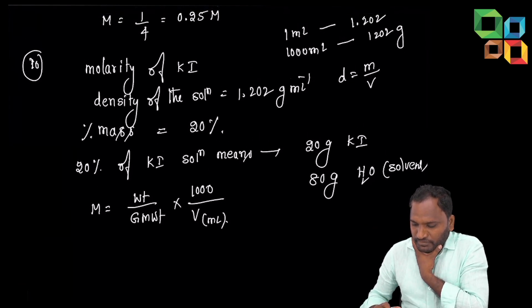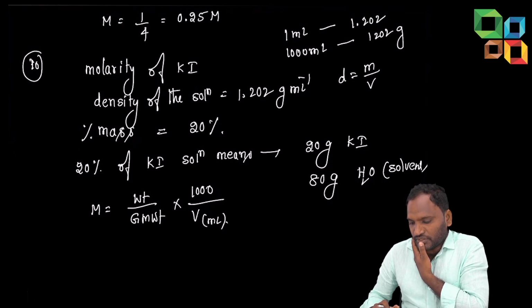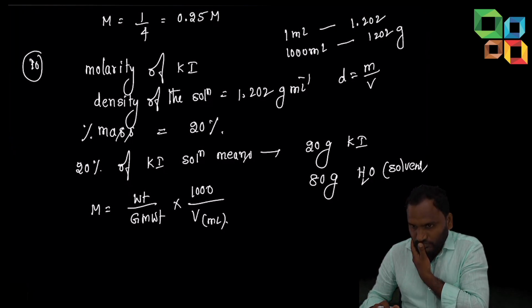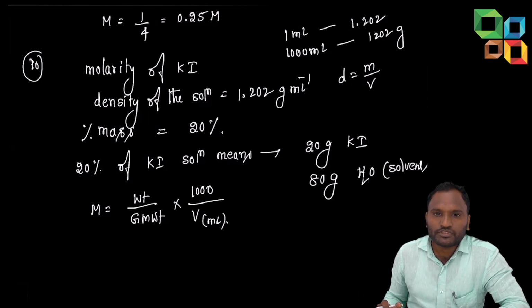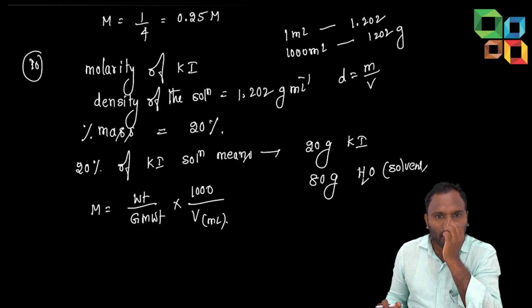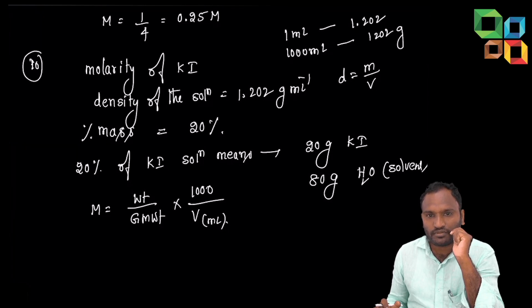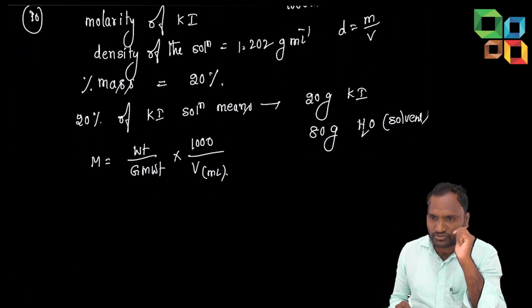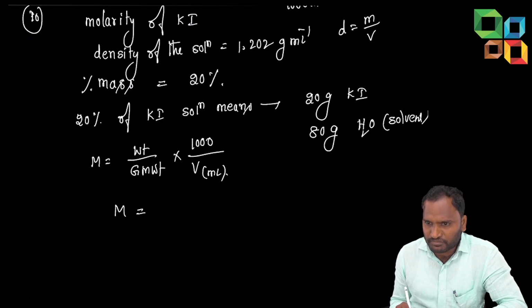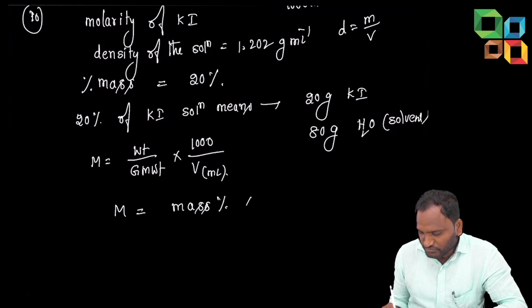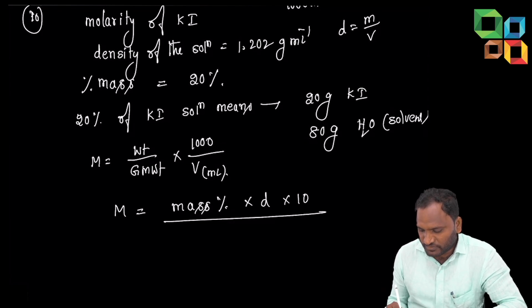Instead of that, one simple method is there, becoming little. One minute, students. They are asking molarity of 20 gram. Once you do this one, students, molarity, one simple method I give, mass percentage into density, because in competitive examination and all not required this much lengthy method, by molecular weight of solute.